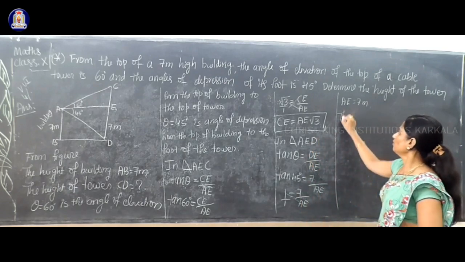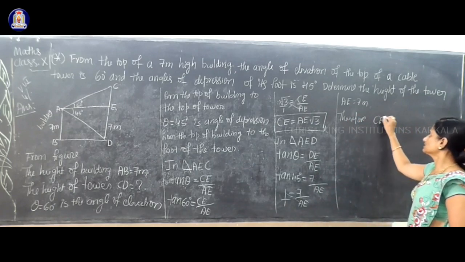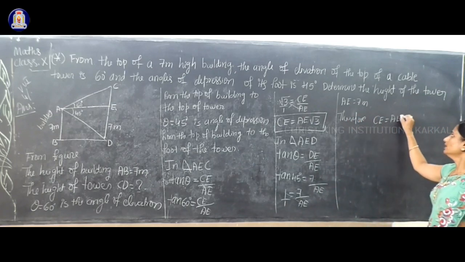So therefore, what is your CE? CE is equal to AE root 3.